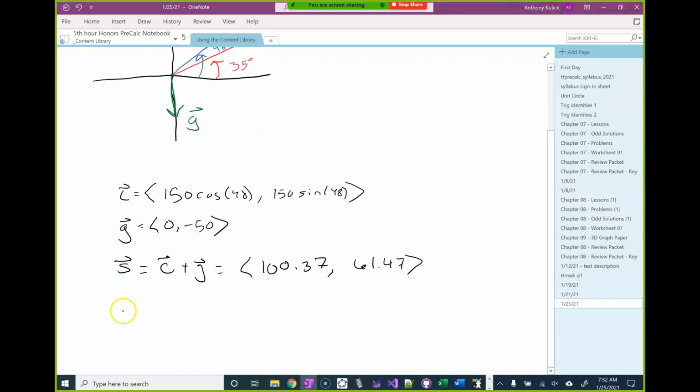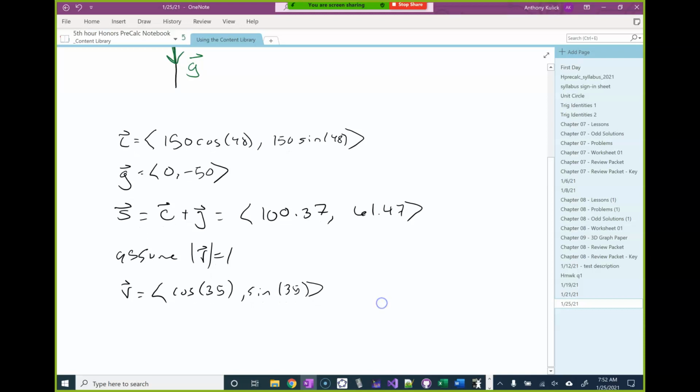And then my vector R, since I'm not given any information about the ramp, I'm just going to assume that it has magnitude 1, other than the angle. So there's my component for the ramp.